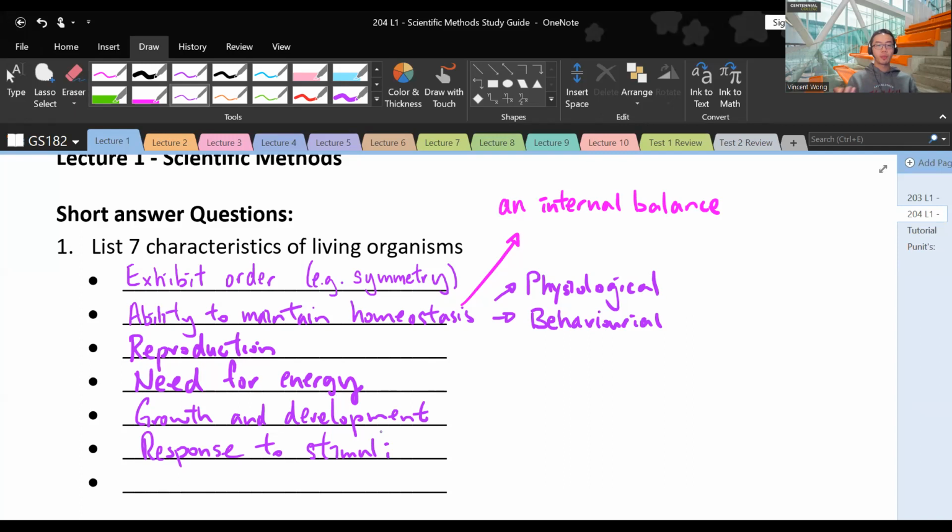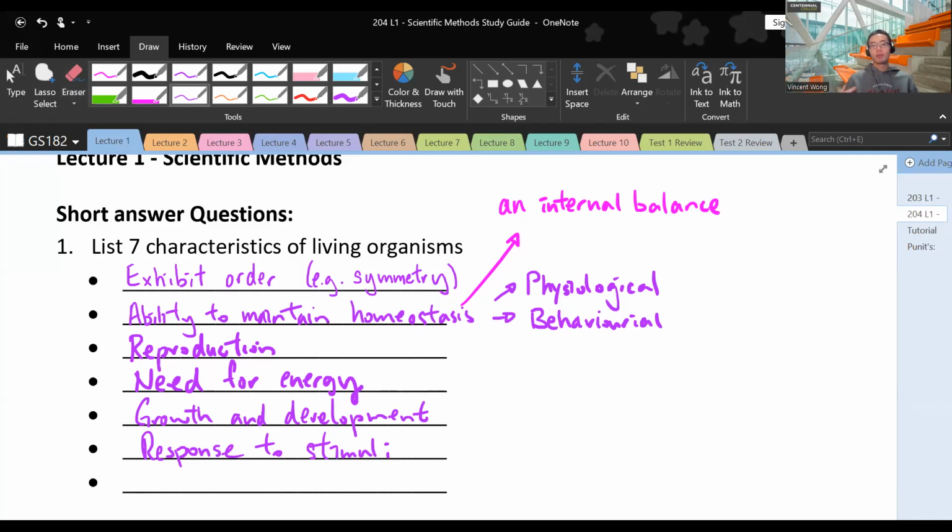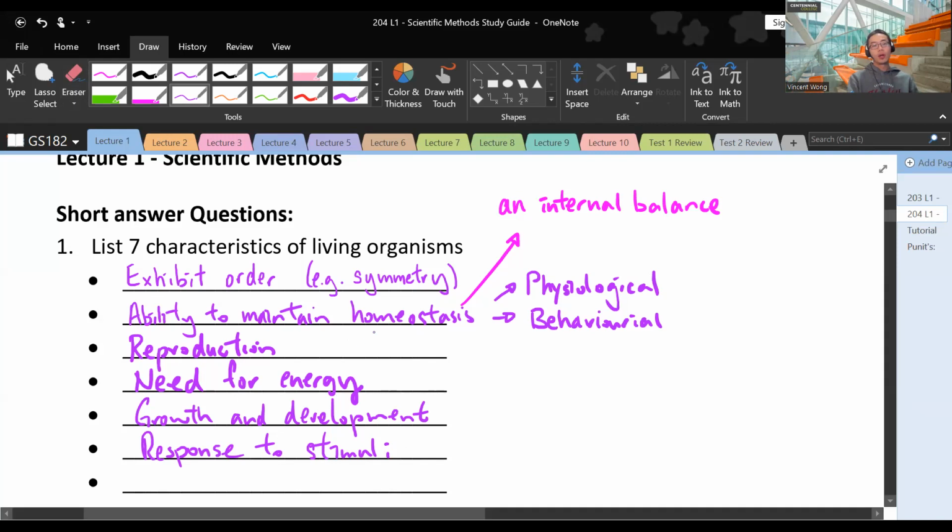That's a response to stimulus, and very often the response to stimulus is something that your body does to help maintain homeostasis. Dropping temperature is a stimulus, and your body responds by shivering. If it's the opposite, if it's too hot, you will sweat. So all these are interconnected. I don't want you to think of them as separate things.